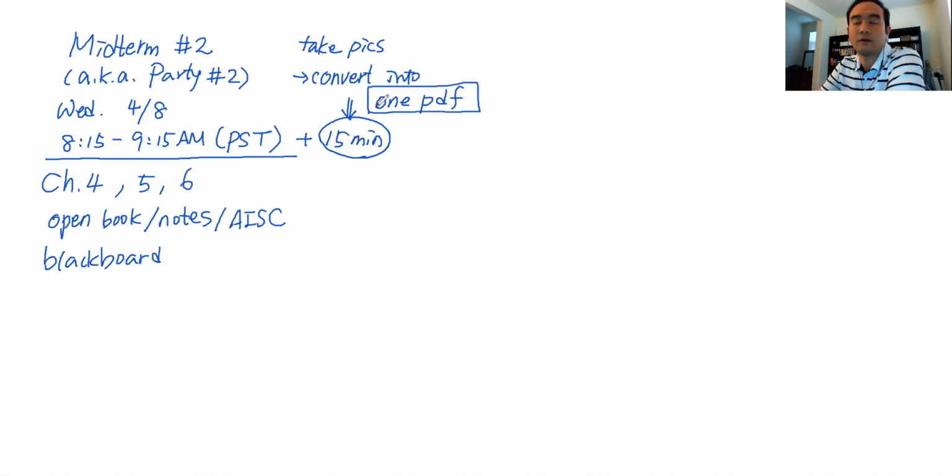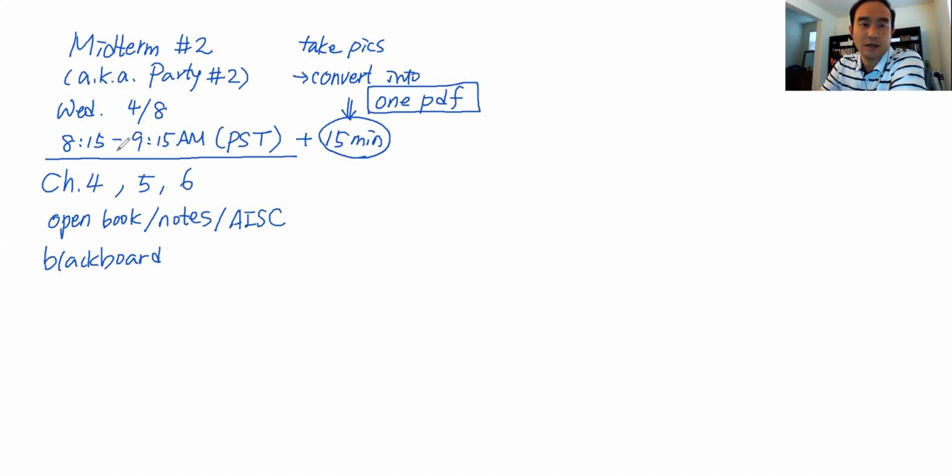There are a lot of applications on your cell phone, either Android or iOS, that you can use to easily convert your pictures into one PDF file. Not only can they make it into a PDF, but there are also functions to compress the file size so that it is a reasonable size to upload on Blackboard.